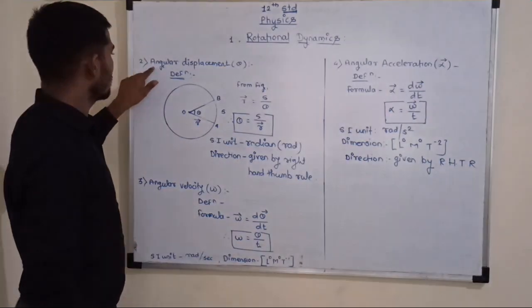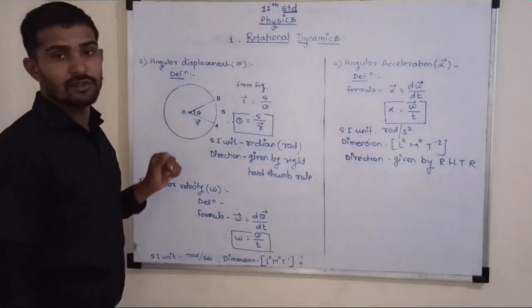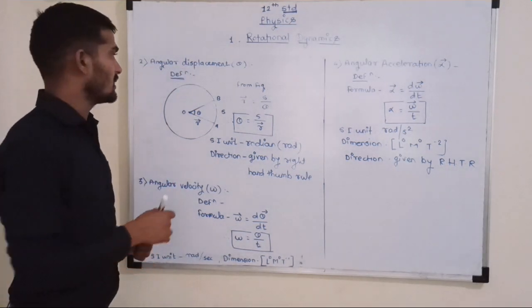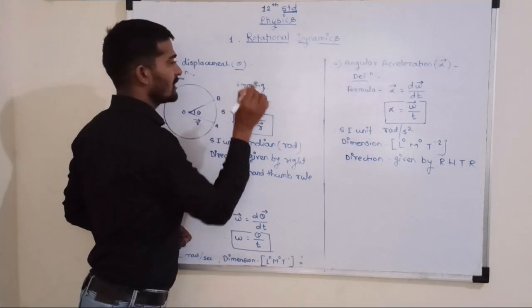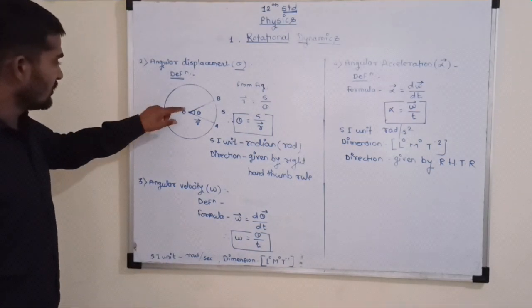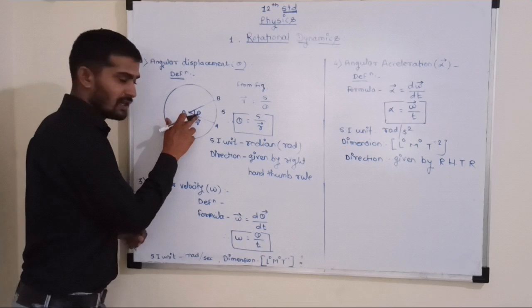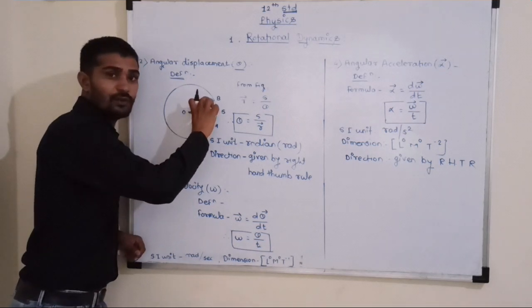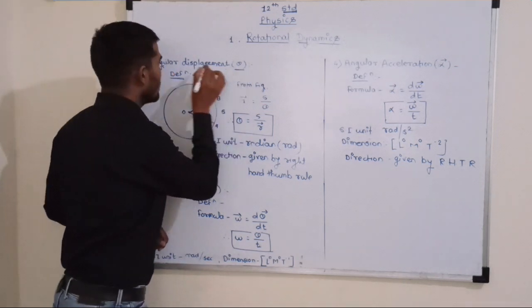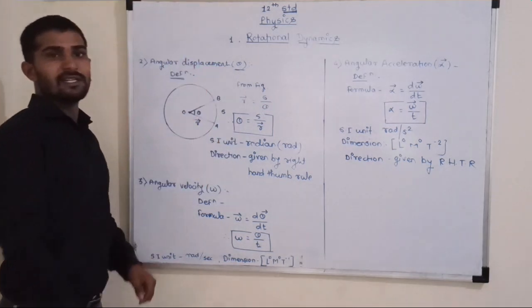Okay. Next, terms related to the circular motion, which is angular displacement. Angular displacement is denoted by theta. In radius vector, we study the angle described by two radius vectors. This angle theta is known as angular displacement.